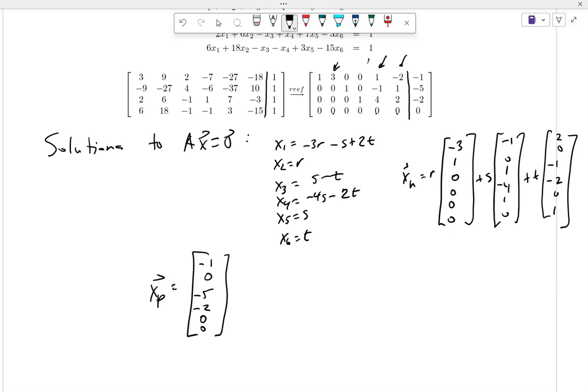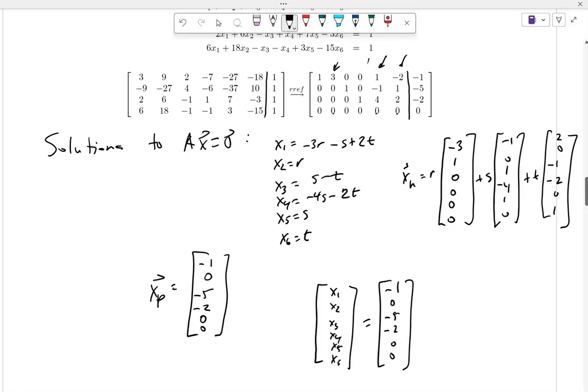Okay. So now, according to the theorem, we can write all of our solutions as the particular solution plus the general homogeneous solution.